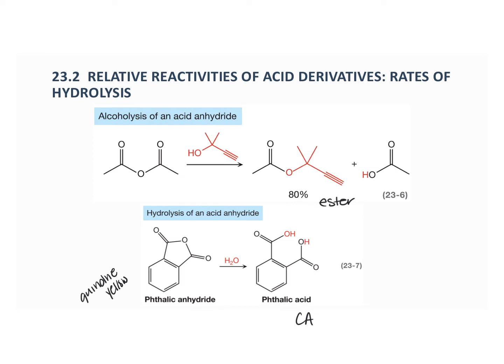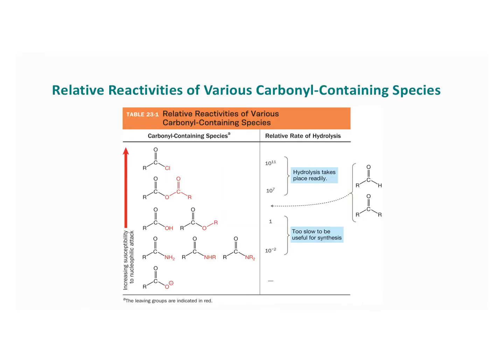So let's look at some rates of these reactions. When we look at this particular graph or chart, what we're looking at is ester hydrolysis and amide hydrolysis, which are here.